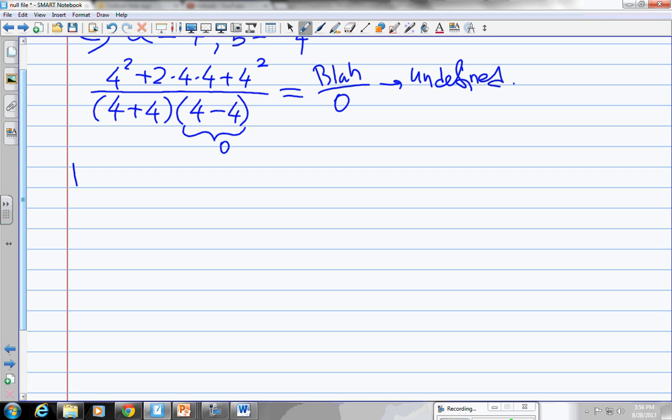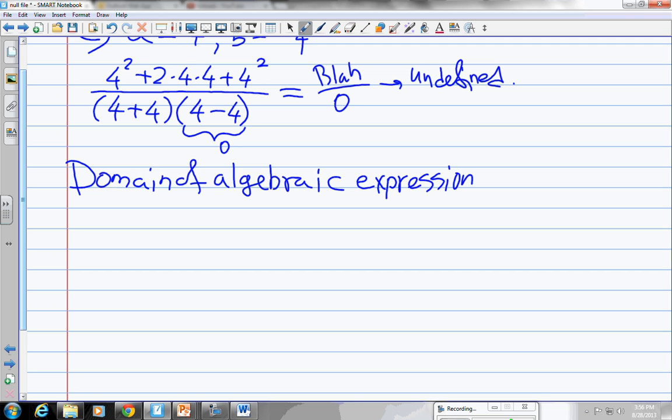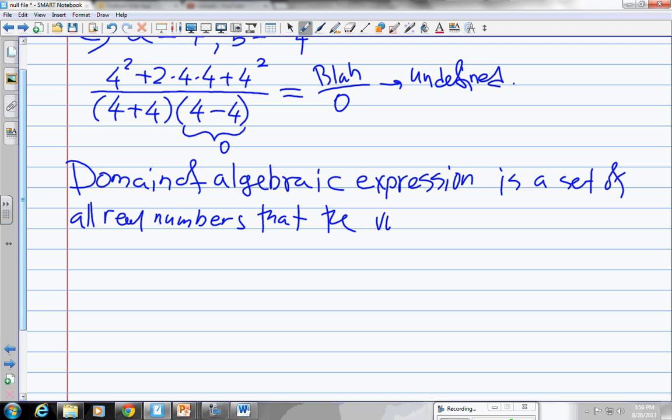Okay? So the domain of algebraic expression is a set of all real numbers that the variable is permitted to have. That's kind of a weird way to say that.